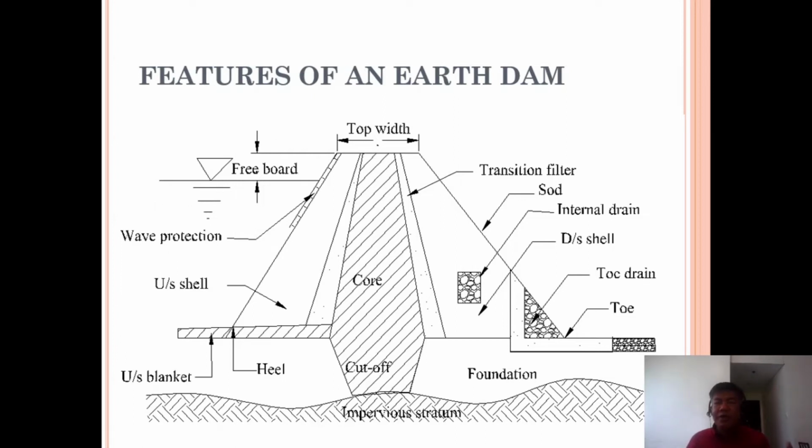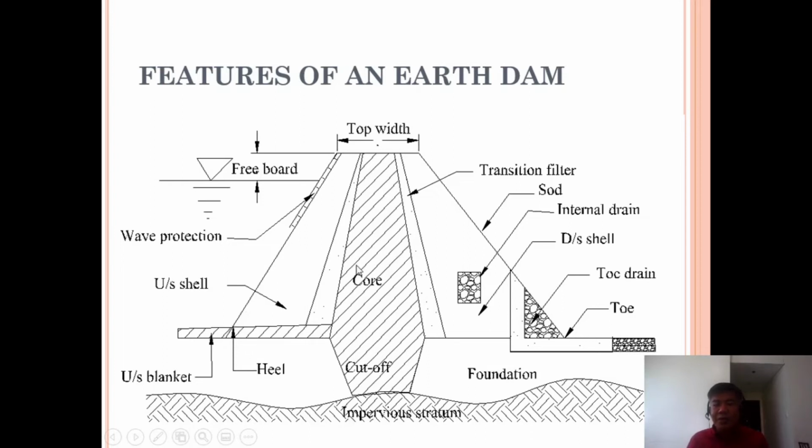Of course for concrete dams for a multi-purpose, there is another kind of calculation because you are going to calculate the requirement for irrigation, electricity, domestic supply, and so on. You also have here the wave protection, which is actually the slope protection to protect this area, the upstream side.